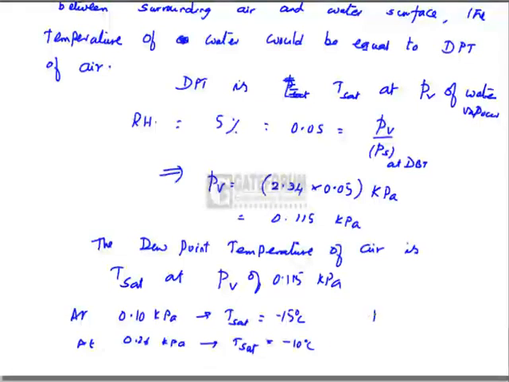Therefore, Tsat at 0.115 kilopascal is equal to minus 14.5 degrees centigrade. This is the answer.